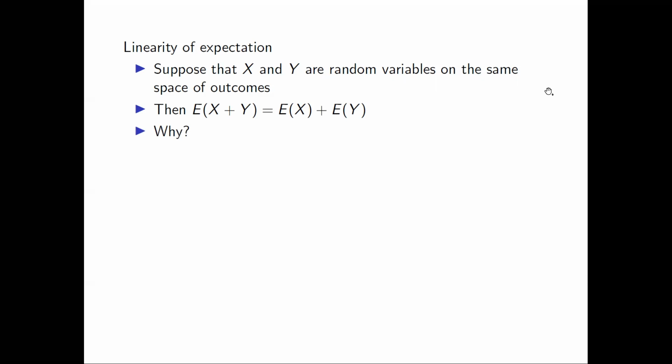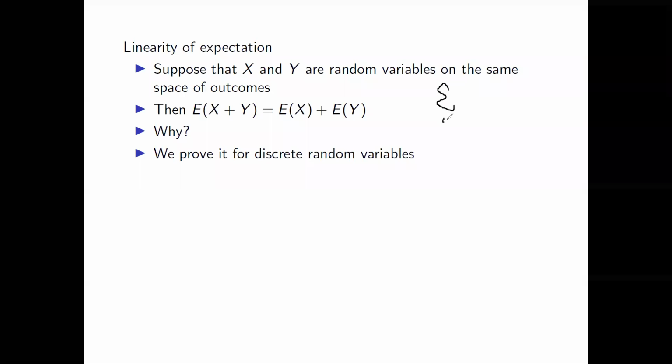We're going to look at why that's true, but we're only going to focus on it for discrete random variables because that's the focus of this video. To prove it for discrete random variables, we're going to use the second version of the definition for expectation. The first version we used for the problem when we calculated the expectation from the definition, where we do the sum over i of Pi Ni.